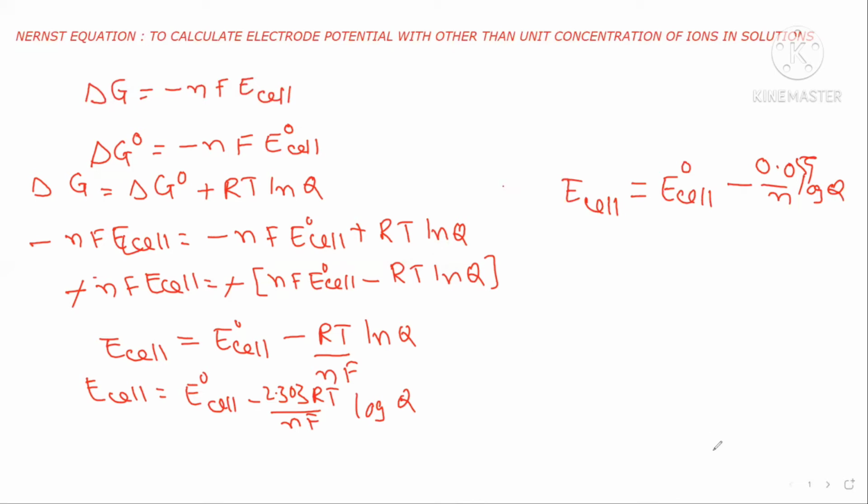Now, how can we calculate the EMF of a metallic electrode and also the EMF of an anion electrode or cation electrode using the Nernst equation?